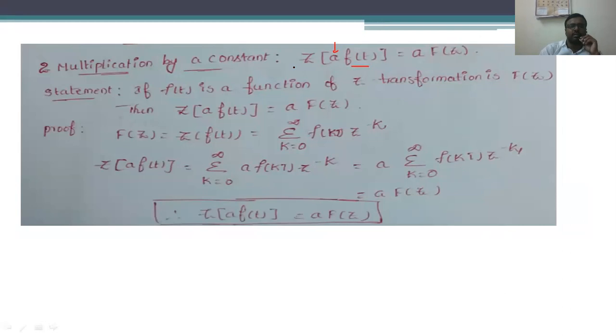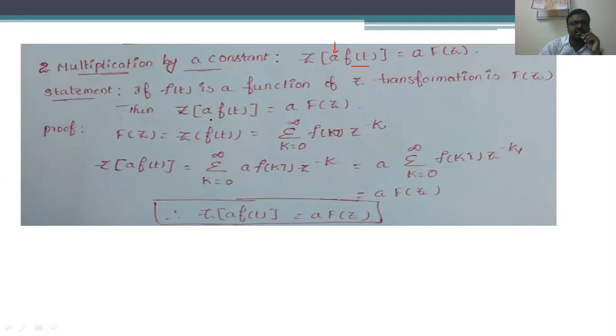Therefore, coming to the statement, if f of t is a function with Z transformation F of z, then the Z transform of a into f of t is equal to a into F of z.